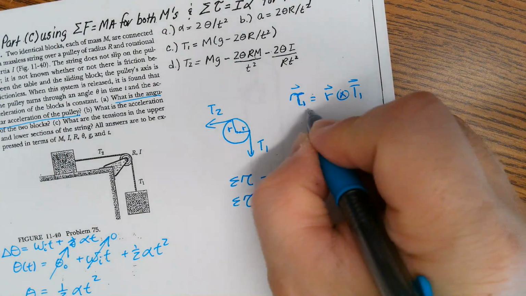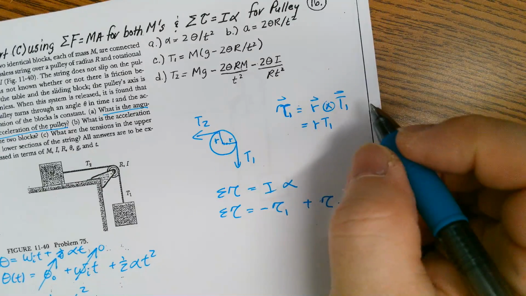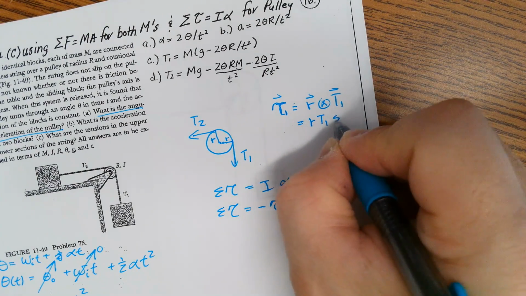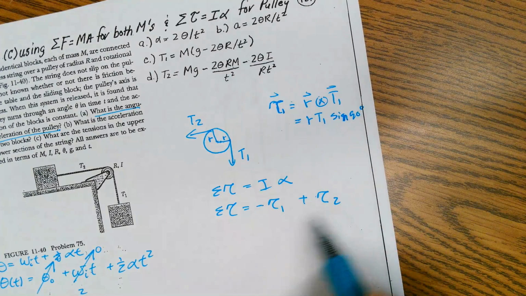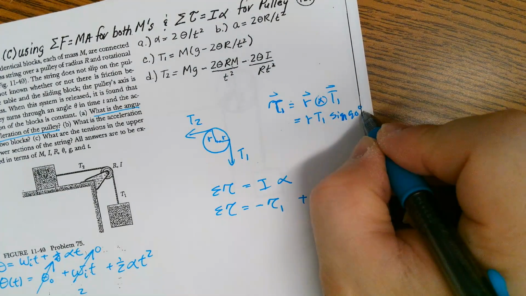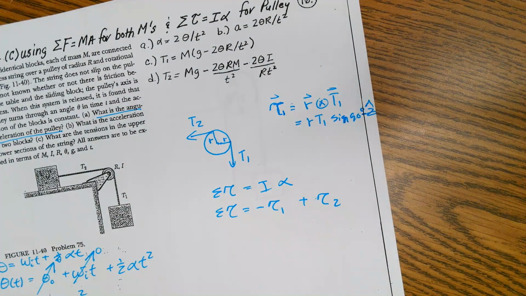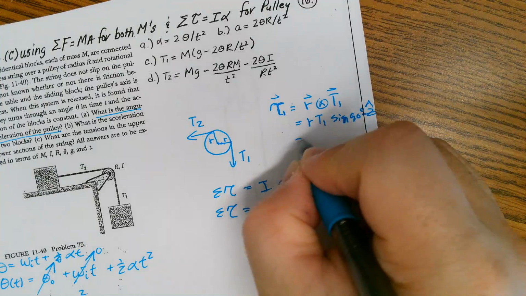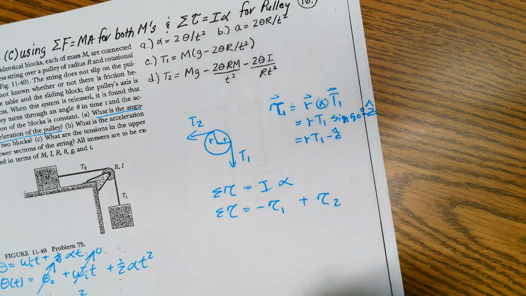So again, torque 1 is just basically R times T1 times sine of 90. We already determined the answer for that to be negative Z hat for the direction. So this is R T1 negative Z hat.